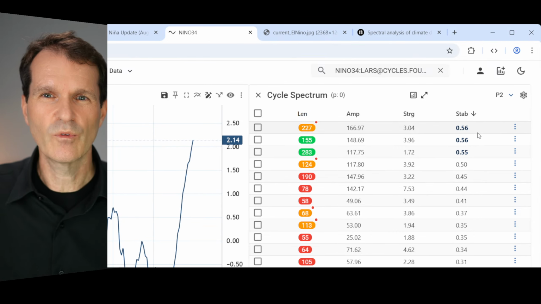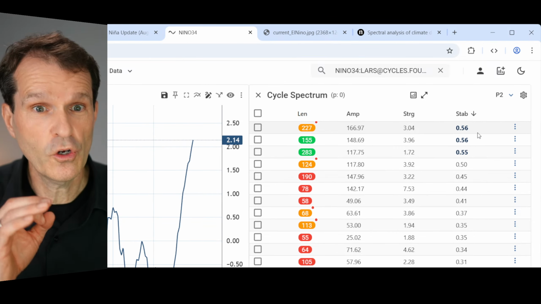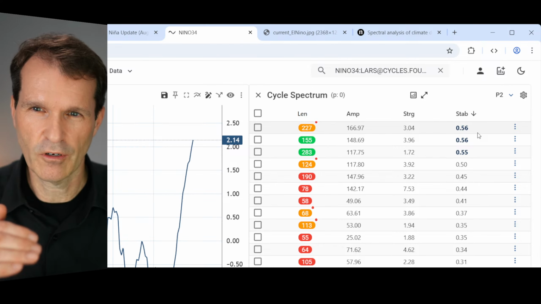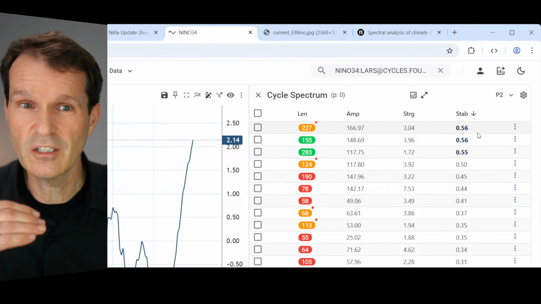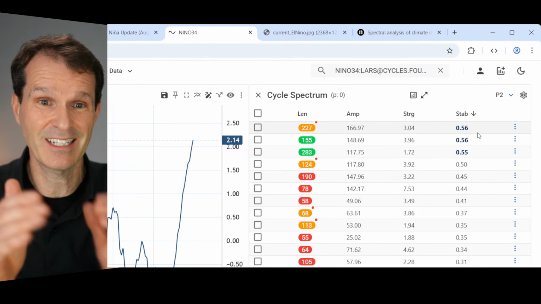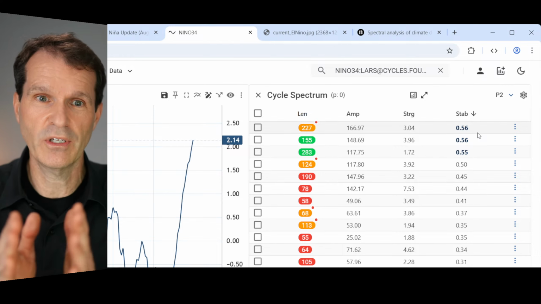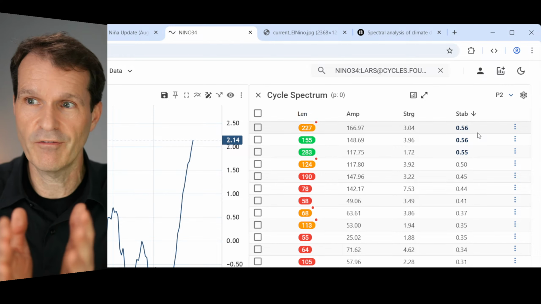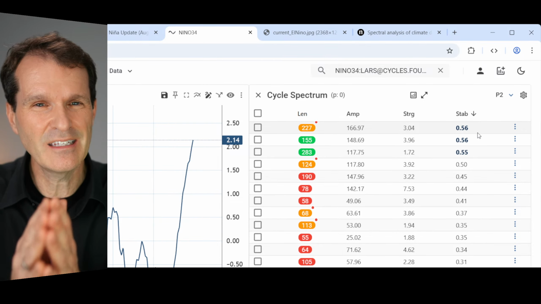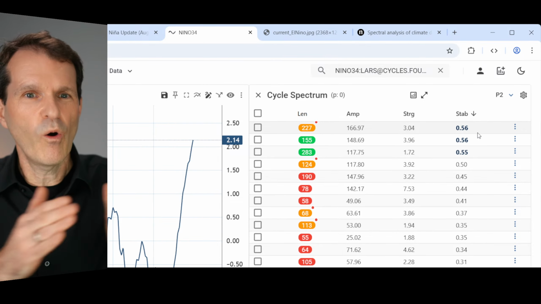You should have a stability score above 0.5. If you have a stability score below 0.5, this means that cyclic length is dominant and somewhere available in the data series, but it does not seem to be stable over time.